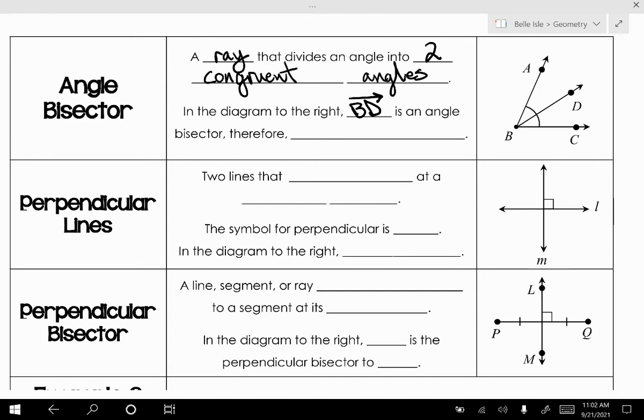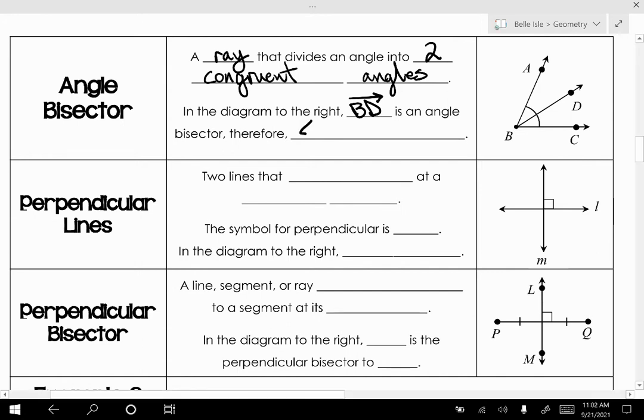Geometry is full of rules and proofs, and if this, then this. Okay? So this is one of those. So if BD is an angle bisector, what does that mean for ABD and DBC or CBD? They're congruent. Yeah, that's exactly right.